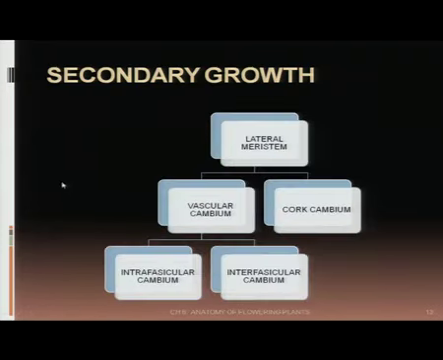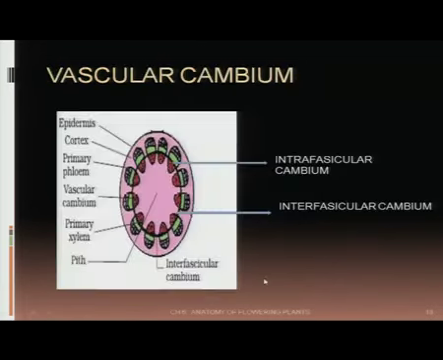Moving on. So, secondary growth occurs by the activity of lateral meristem, and this lateral meristem can be of two types, vascular cambium and the cork cambium. Again, vascular cambium is of two types, intrafascicular cambium and interfascicular cambium.